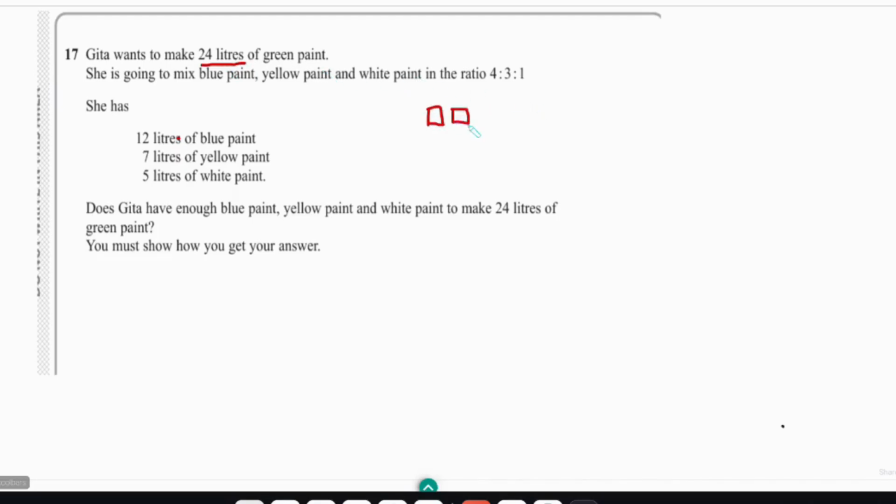So she's got 24 litres and the ratio is 4 to 3 to 1. So I'm going to share this 24 litres equally between all these boxes.